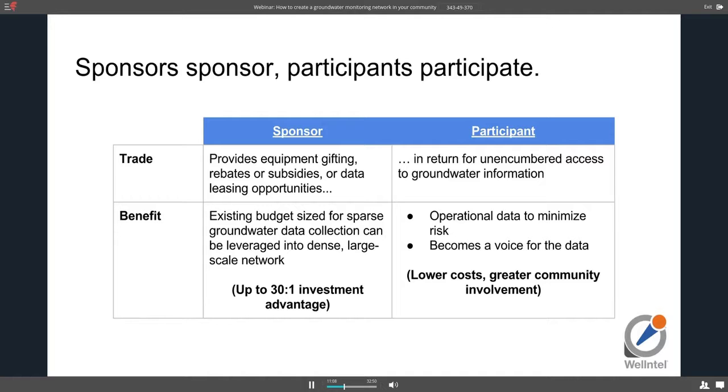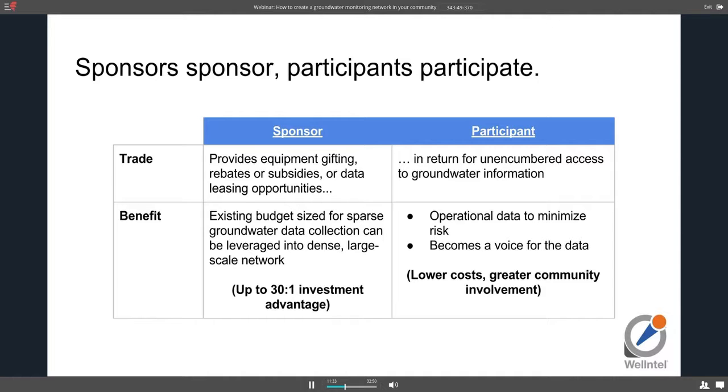A sponsor, as I mentioned, possibly a rural water agency or a village or a township, is essentially providing equipment through gifting or financial rebates or subsidies, or possibly even data leasing opportunities into wells that become instrumented wells on domestic land.